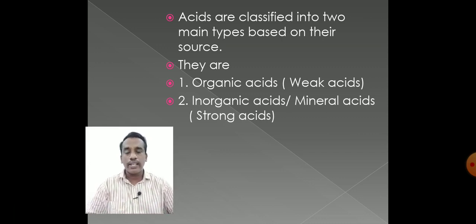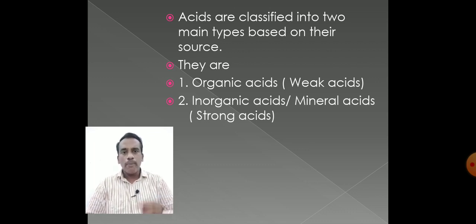The acids in the chemistry lab are called inorganic acids, but the acids that we use regularly in our home, like the lemon juice, citric acid. The lemon juice contains the citric acid. We are using lemon juice in preparing various dishes, because the lemon also contains hydrocarbon in it.